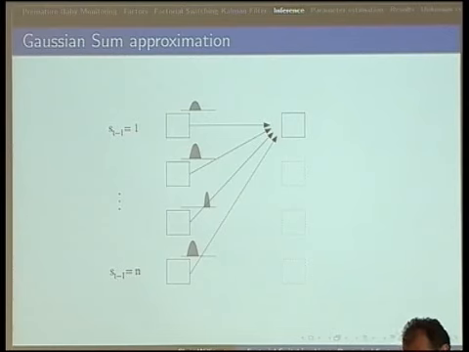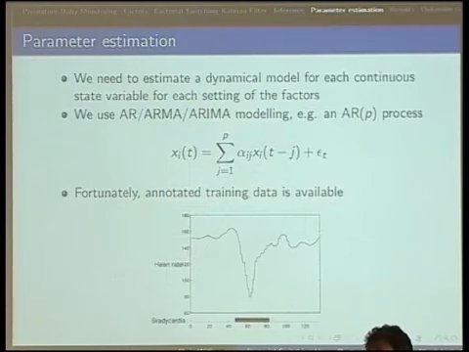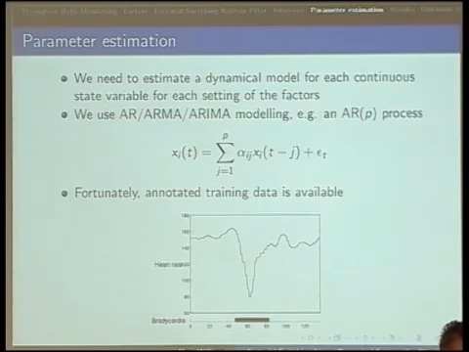Then when we transition to a new switch setting at time t, we have to take all these Gaussians and collapse them back into one. There are obviously various more fancy things one can do, but we've also compared against a Rao-Blackwellised particle filter, and I'll give you some results later, but we've found that, certainly for our application, the Gaussian sum approximation has been effective.